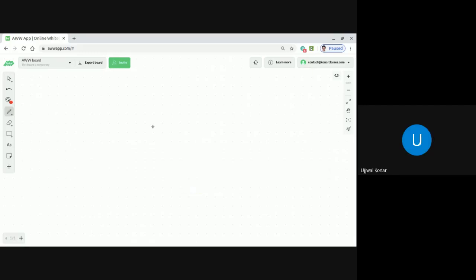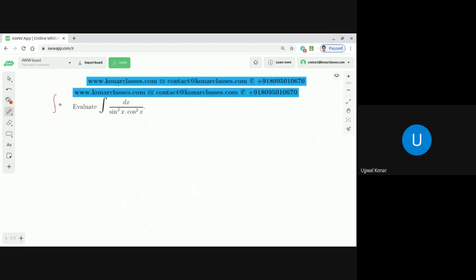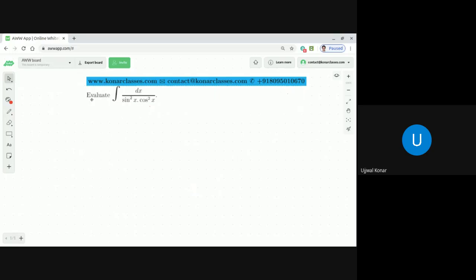So here the question is, if you look into it, that integration, sorry, just a minute. Any idea from anyone?